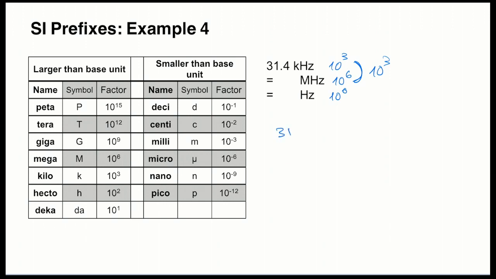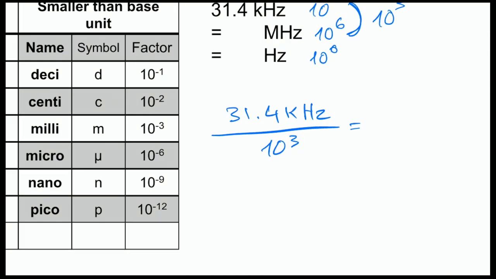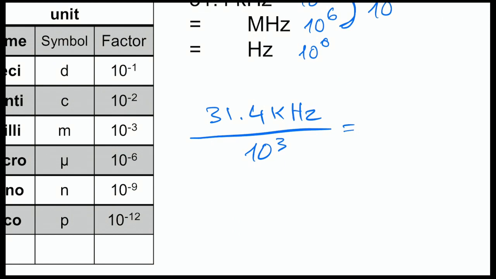So 31.4 kilohertz divided by 10 to the power of 3. Why am I dividing? Well, because I'm going from kilo to mega, which is an ascension. I'm going up. And if I'm dividing by 3 zeros, I'm going to take the decimal 1, 2, 3 places to the left, and fill in the blanks like so.